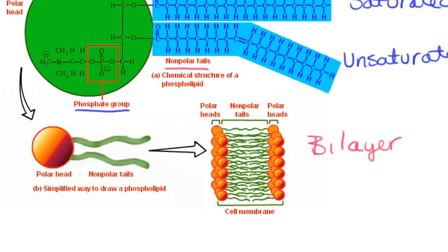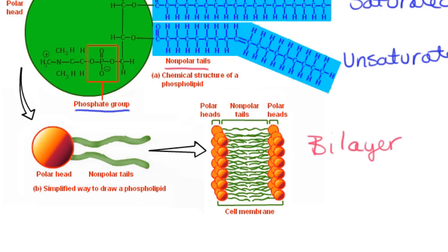And this is going to work very well for the cell because these will hold together just like this, because it's very energetically favorable. It puts all of the polar stuff next to other polar stuff, which makes them happy. And all of the hydrophobic non-polar stuff gets to hang out together, which makes them happy.